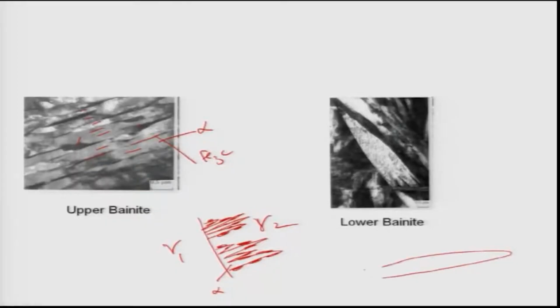You see here, just like a tree leaf. Obviously undercooling is even larger here. These alpha leaves will shoot out from the gamma grain boundaries and grow inside the supersaturated gamma very rapidly.